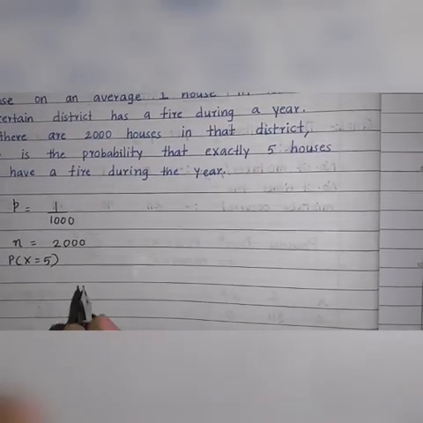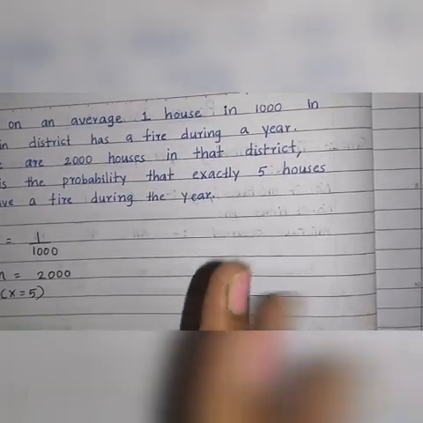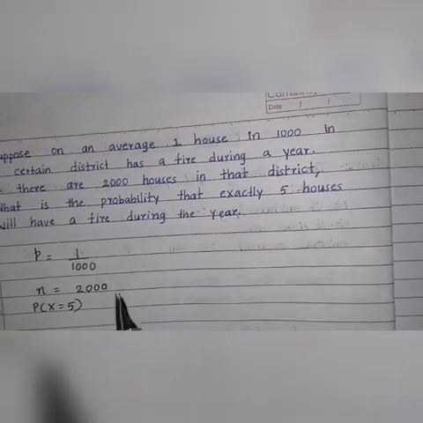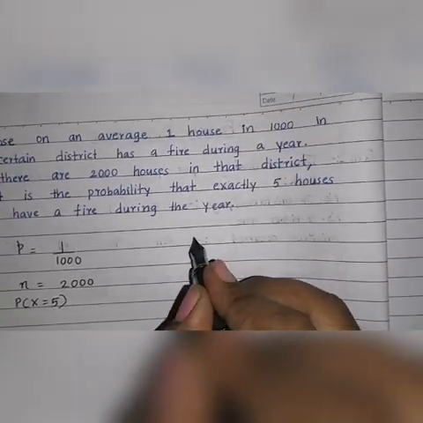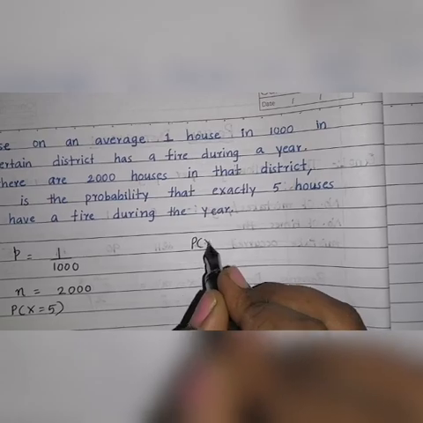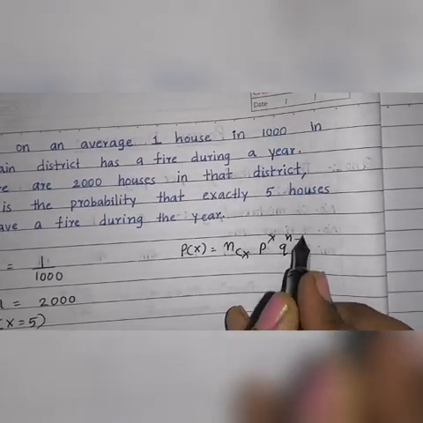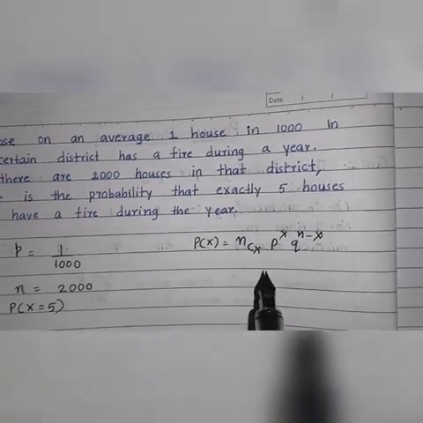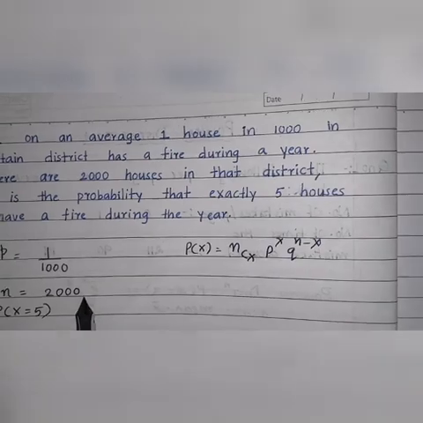We can calculate this with the help of binomial distribution as well as Poisson distribution. If you remember binomial distribution, p of x is equal to nCx p to the power of x q to the power n minus x. We can calculate this problem with binomial distribution, but the problem is the n value is very big.